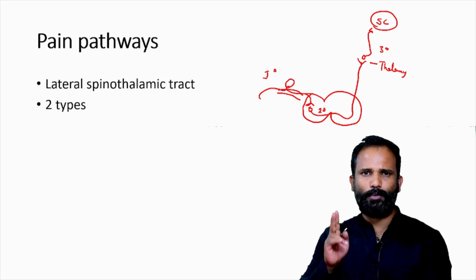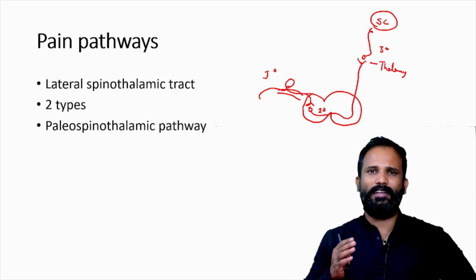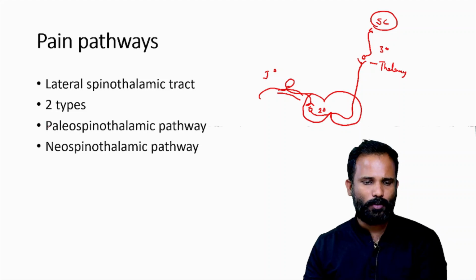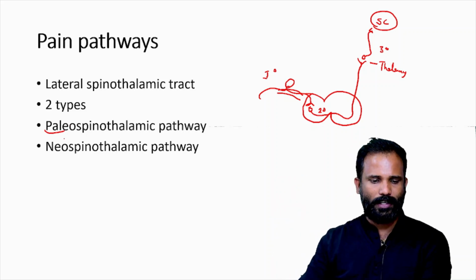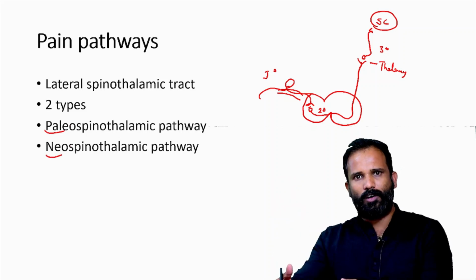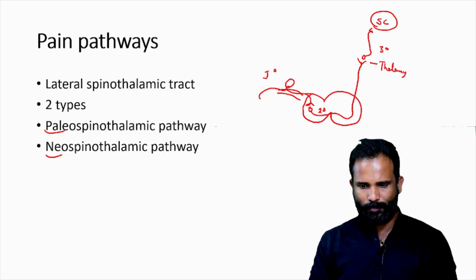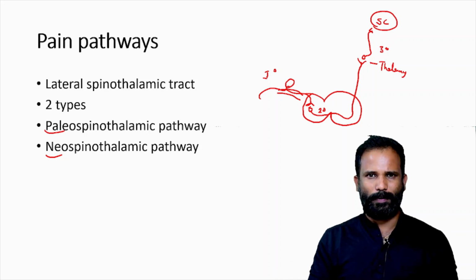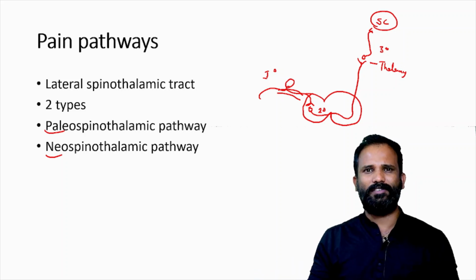In that we have two kinds of lateral spinothalamic tract: one is the paleospinothalamic pathway and the other is the neospinothalamic pathway. Phylogenetically, paleo means older version, and neo, the most evolved pain pathway, is called the newer version. The prime difference between paleo and neo is that paleo usually carries the slow component of pain, or visceral pain, and neo is concerned with fast pain.